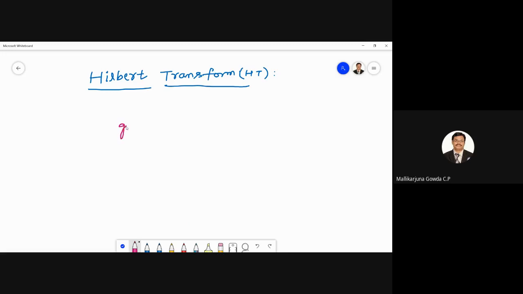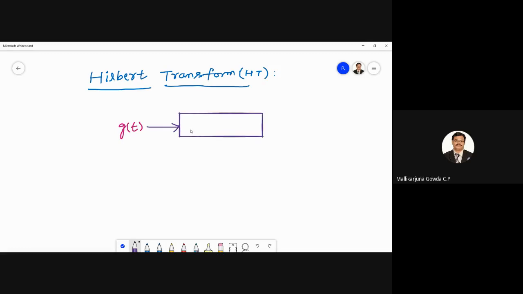You can take anything, g of t or x of t. I take g of t as my input signal. Then I pass this signal g of t through the Hilbert transform, which I take as an LTI system.